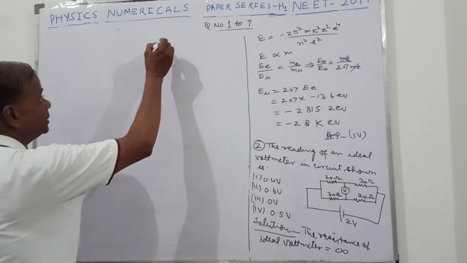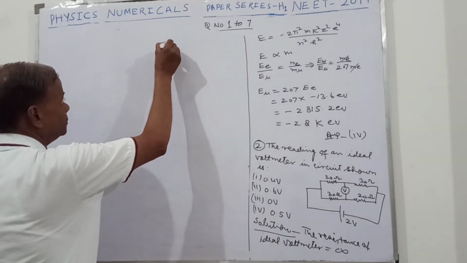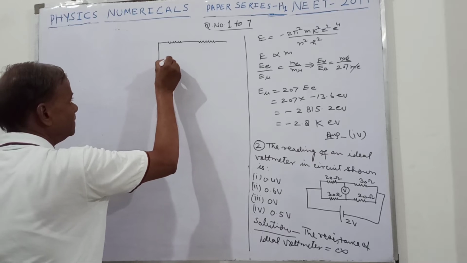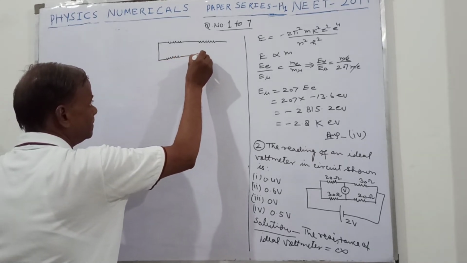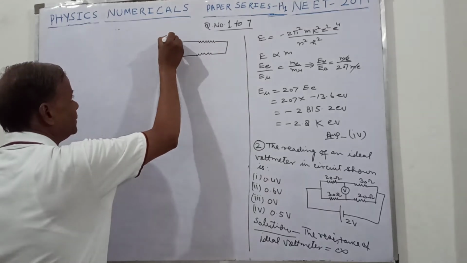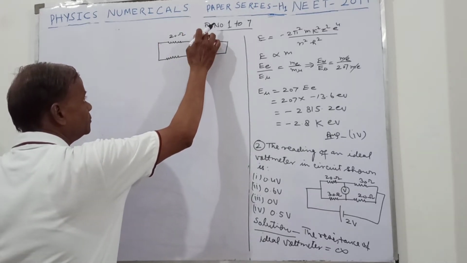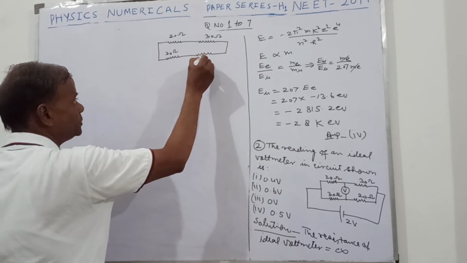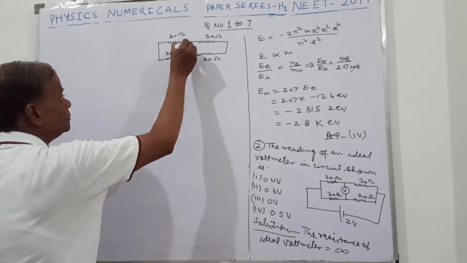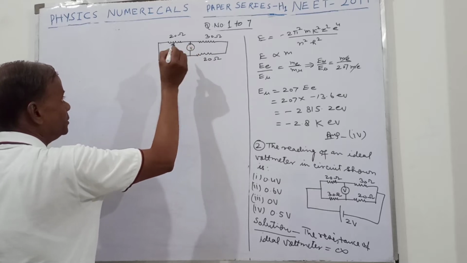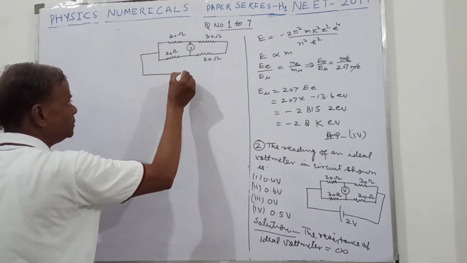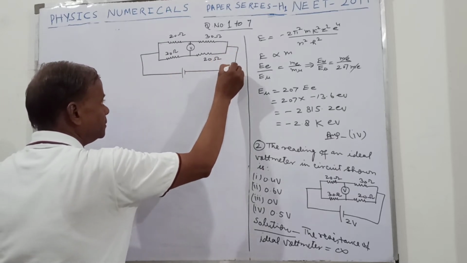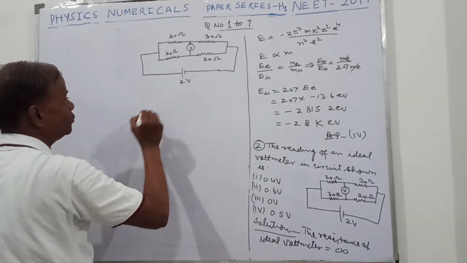So now we take this as 20 ohm, this is 30 ohm, this is 30 ohm, this is your 20 ohm, this is now your voltmeter V, and this is a battery of 2 volt.